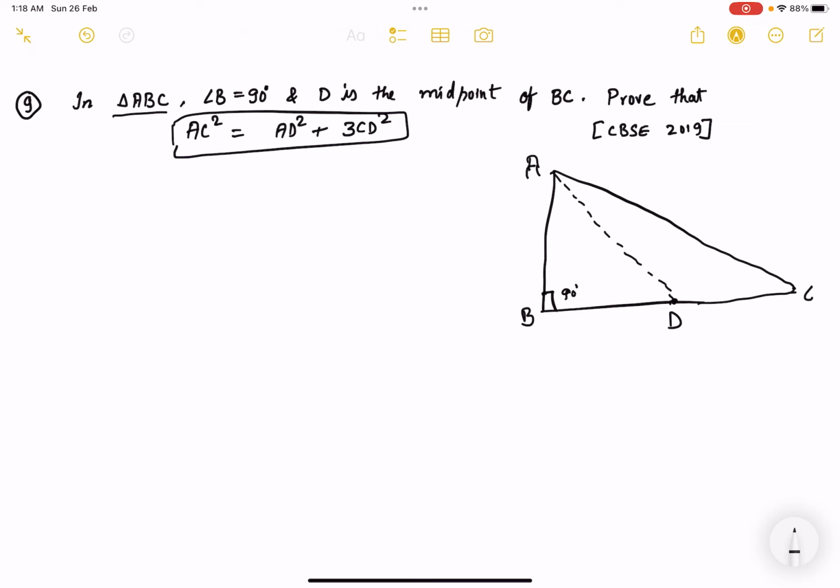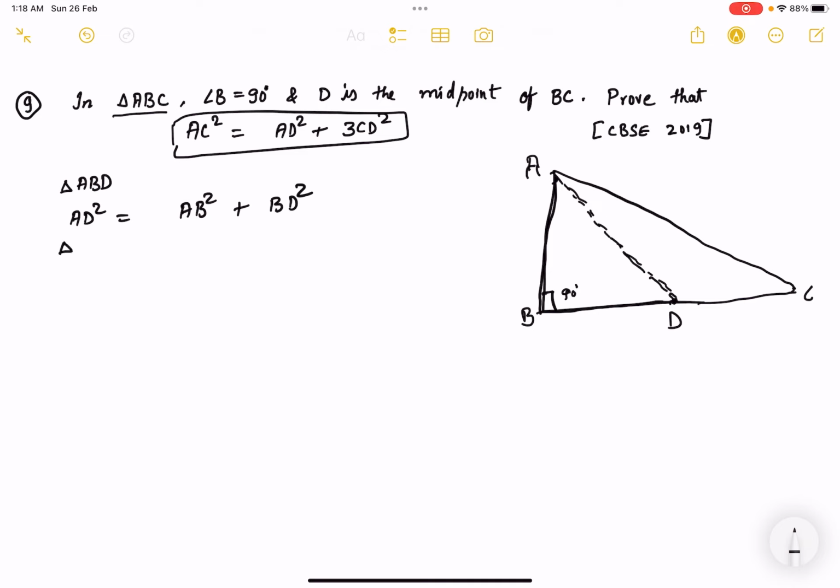We have two triangles. So let's take the triangle ABD. Applying Pythagoras theorem, we have AD square is equal to AB square plus BD square.